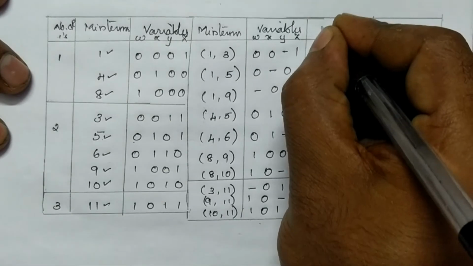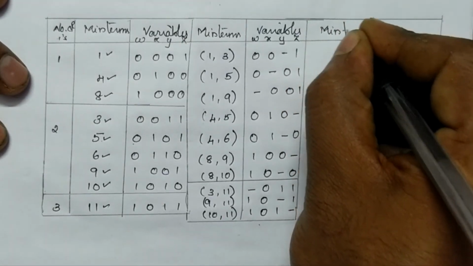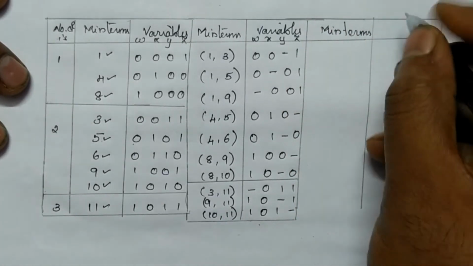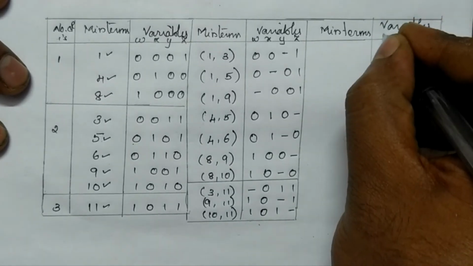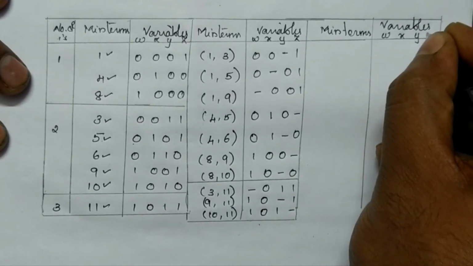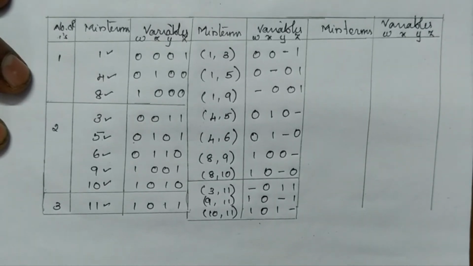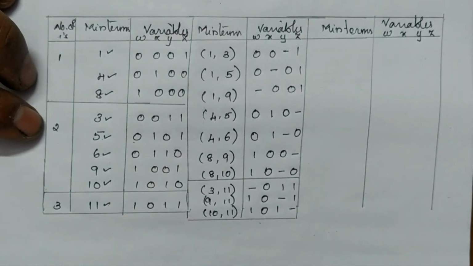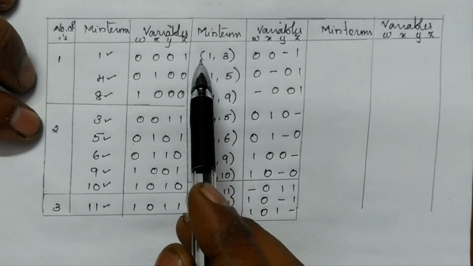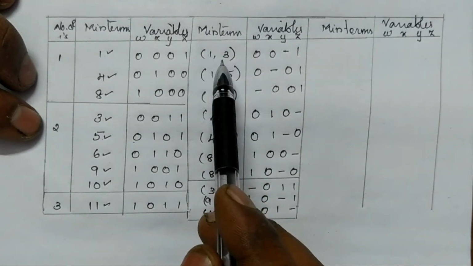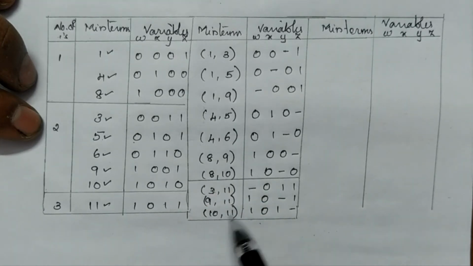So here it's min terms, here variables w, x, y and z. So first I am going for these two. I am taking 1, 3 min term and I am checking it with these values.